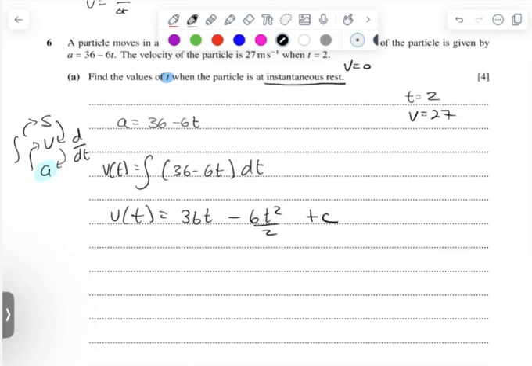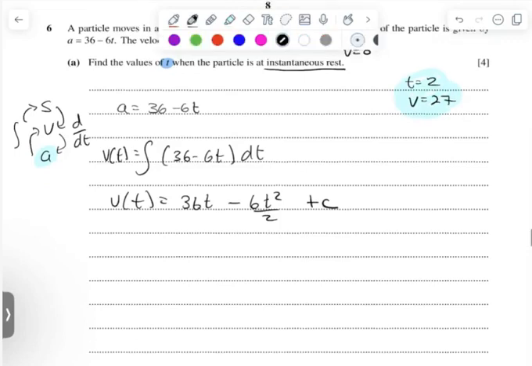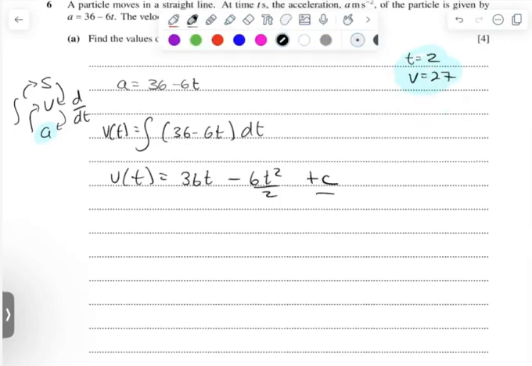Okay, now I'm going to plug in my time point. They should give you enough information to be able to do what you need to do. So in this case, I want to work out my value for c. So my velocity is 27 plus c. Okay, I just simplified my 6 over 2 there.